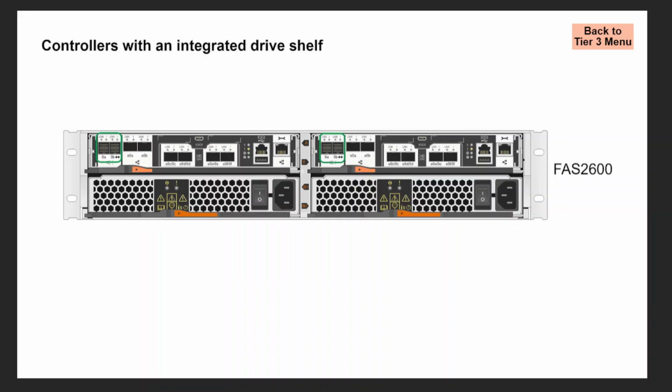You achieve a multipath high availability, or MPHA, configuration by connecting one path from each controller to each I/O module, or IOM, in a single stack of attached shelves. Connect port 0A from each storage controller to IOM-A and to IOM-B in the first shelf of the stack.